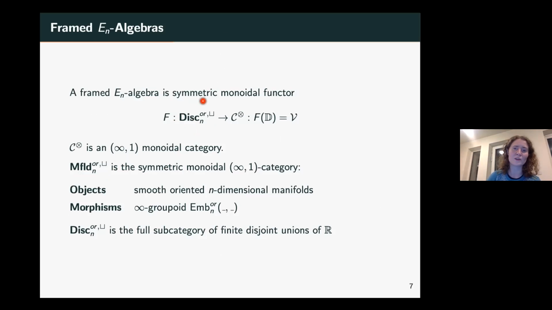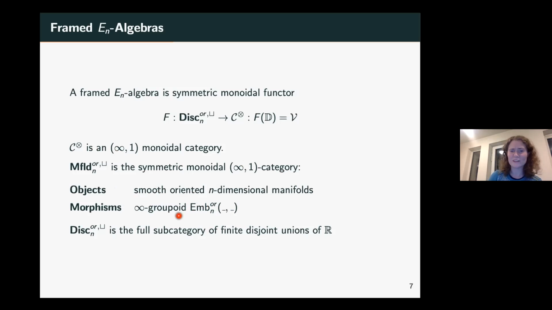So the point is, we're going to consider smooth oriented manifolds, because in Skein categories you usually consider oriented manifolds, and we construct a category of all these manifolds, which has the manifolds as objects, and all the morphisms are the embeddings between your manifolds.